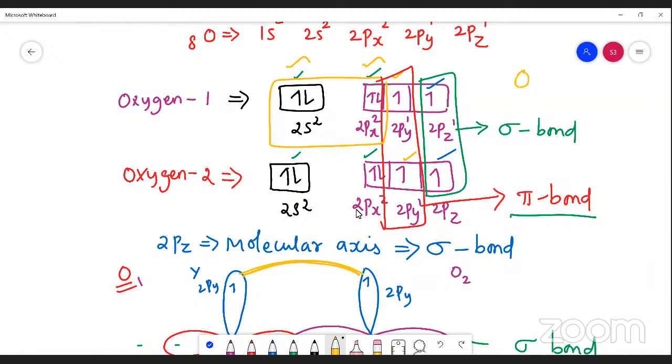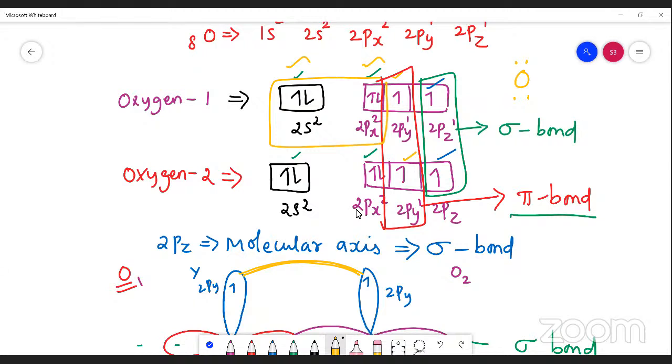So only the electrons present in the py and pz orbitals are involved in the bonding, and the remaining electrons present in the s orbital and the px orbital are considered as lone pairs.